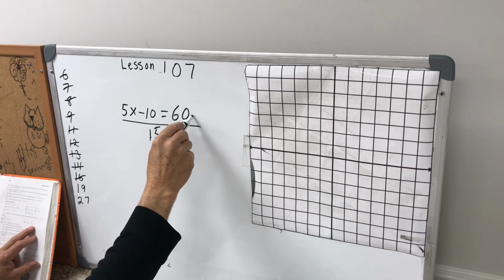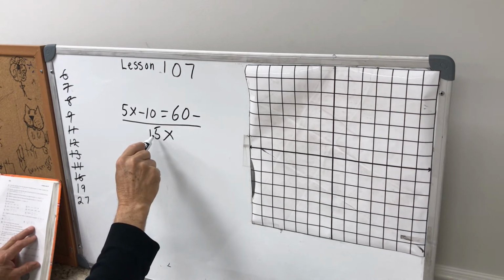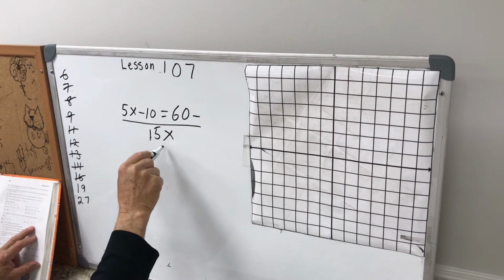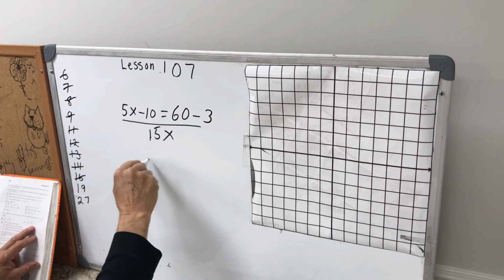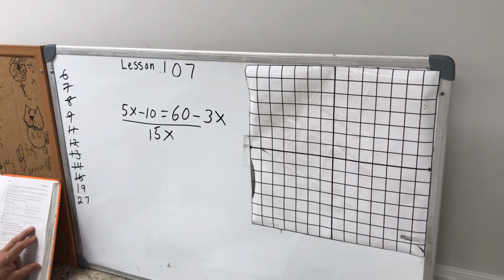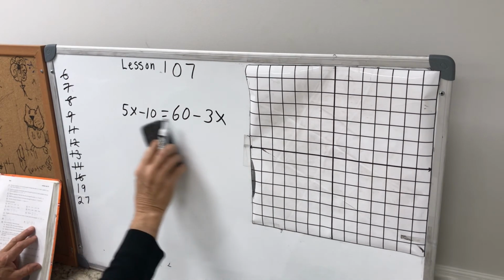And on this side, 5 goes into 15 3 times, so I'm going to have a 3, plus I'm also missing the x.